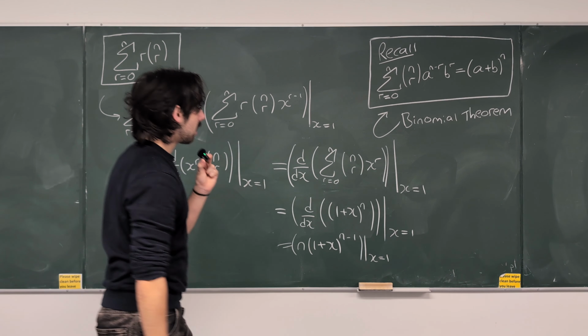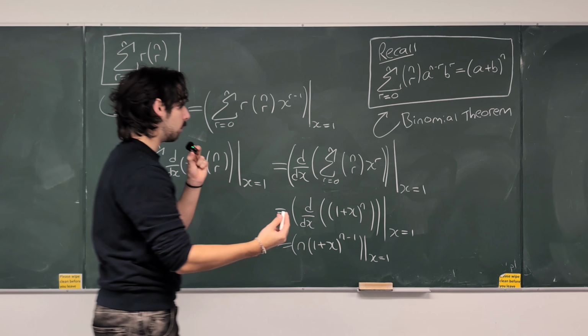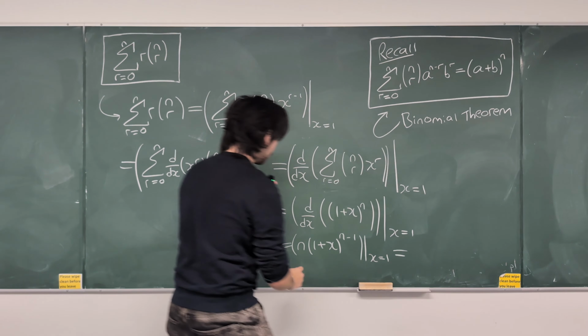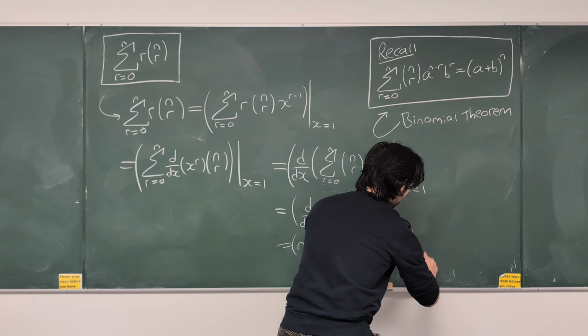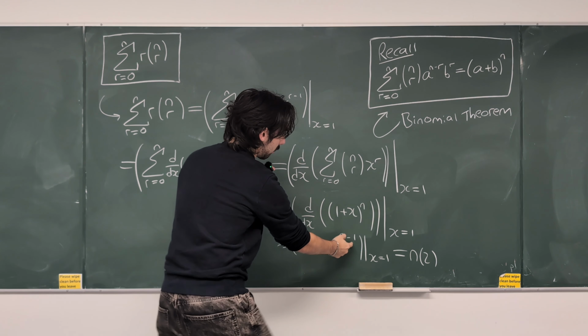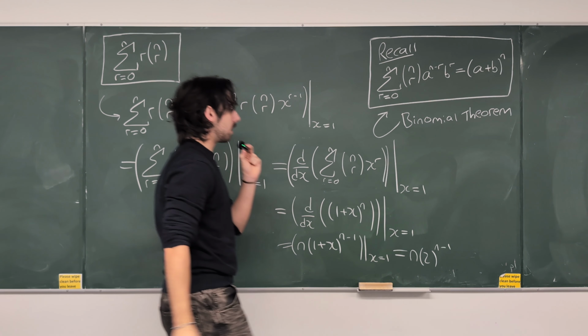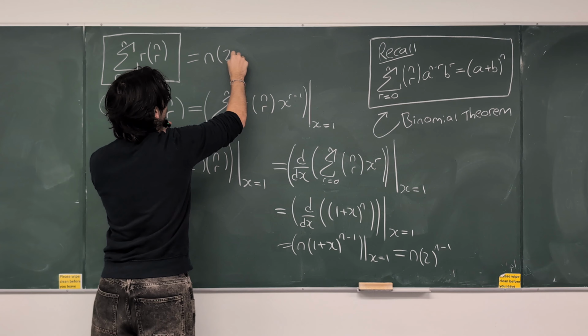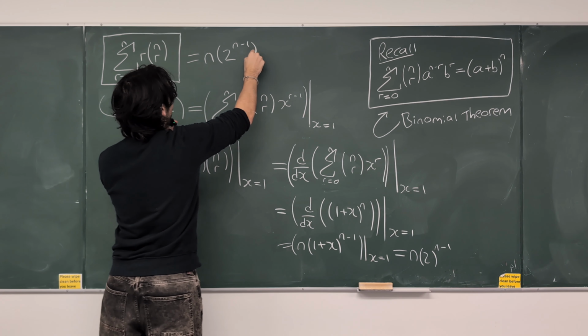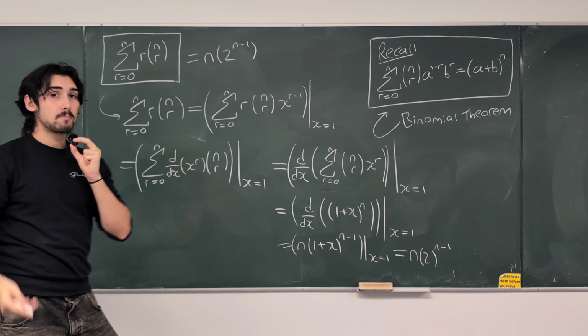And then we're basically done, guys, because we just plug the number 1 in and we're finished. So this is equal to n times (1 plus 1), so n times 2 to the power of n minus 1. That's the answer. So this sum is equal to n times 2 to the power of n minus 1, and that's all there is to it.